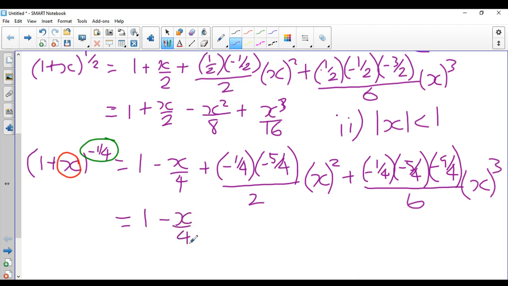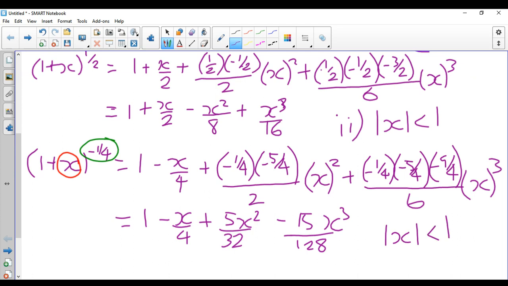To work out the next bit, that's 5 over 32 x squared. Work out the next bit is 15 over 128 x cubed. What was x? Look at your red circle. That mod x is less than 1 for part 2. And there you go. That's the first question done.